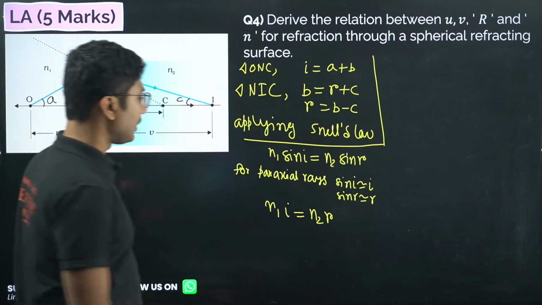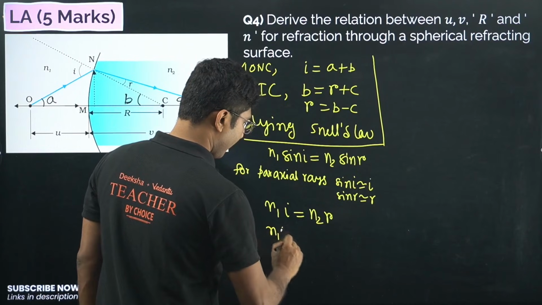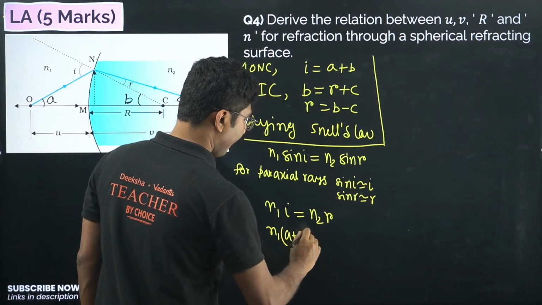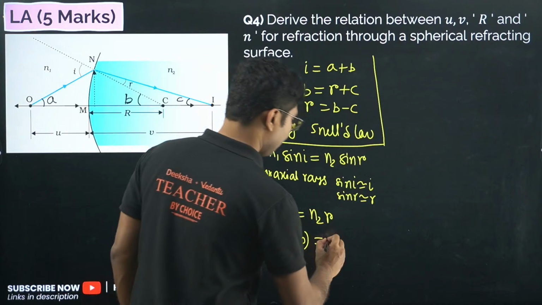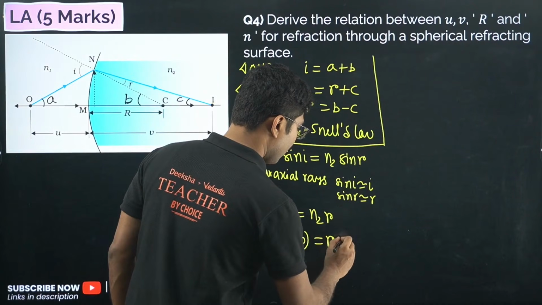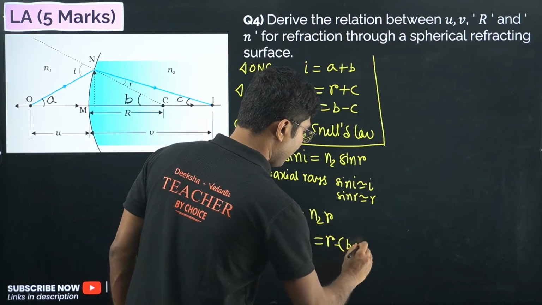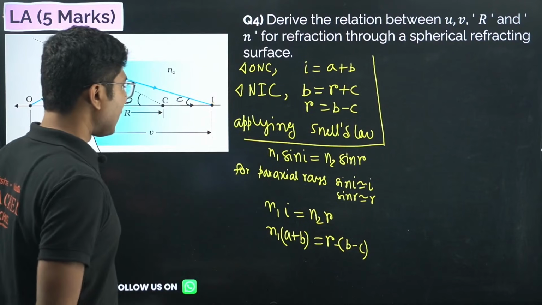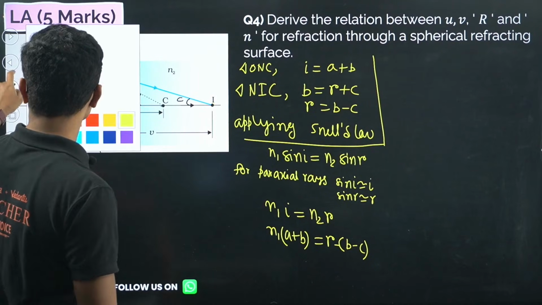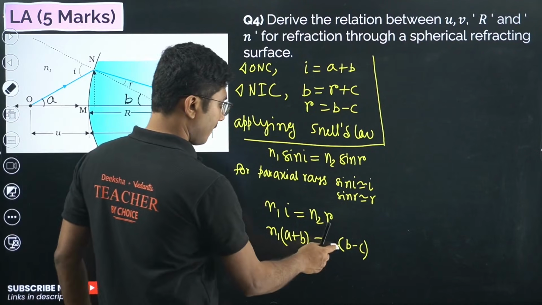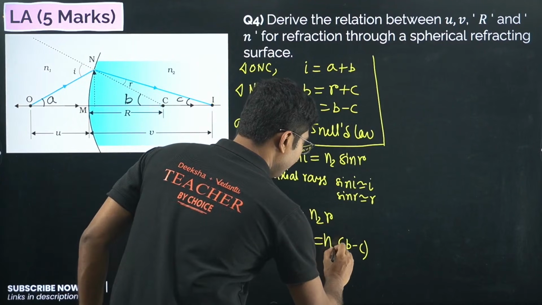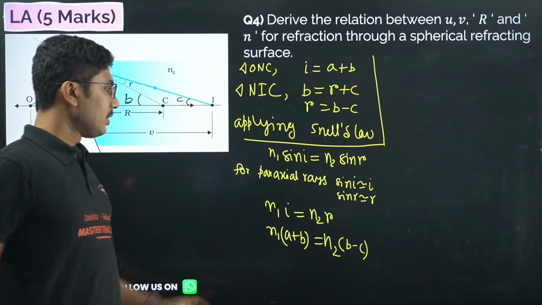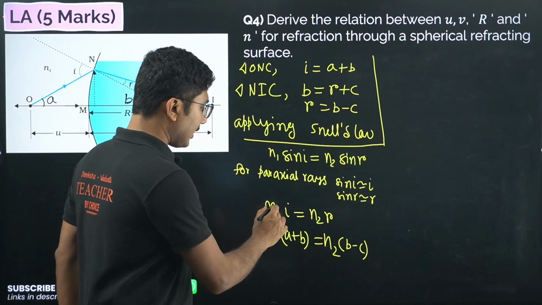I is A plus B. What is R? R is B minus C. So these are the two angles that we have calculated, right? So N1 I is equal to N2 R.